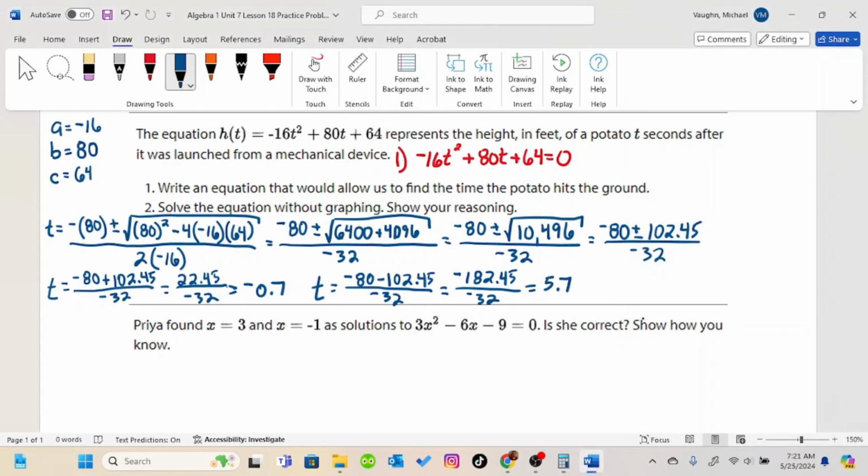This means the potato hits the ground 5.7 seconds after it was launched. So that is the answer for this context.